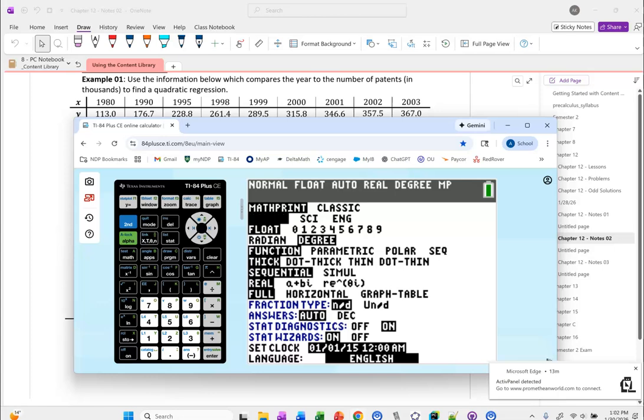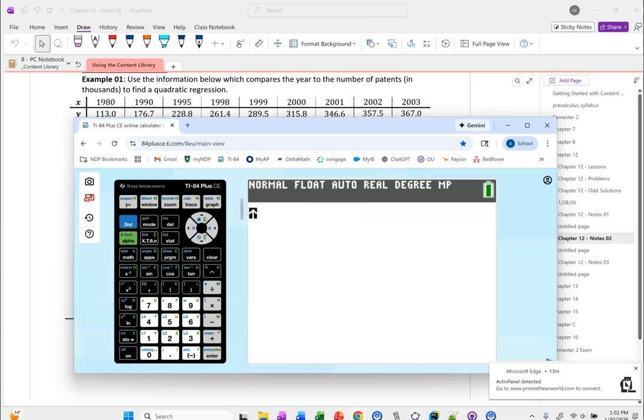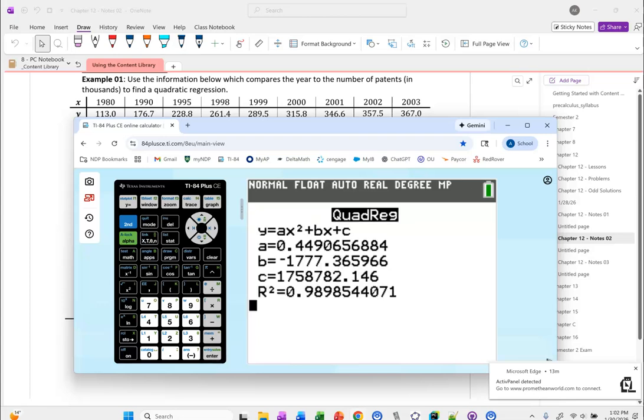So when we get the calculations of the a, b and c, can we just add them together? Absolutely not. We don't add any of them. So how do we write our answer for the quadratic regression? This is the formula that you're writing.